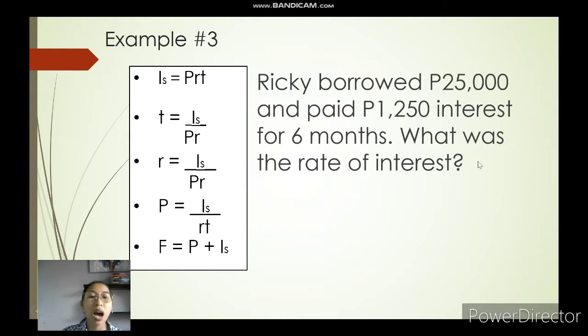Okay? The question is, what is the rate of interest? So therefore, your R is asked. Given is your P, which Ricky originally borrowed at 25,000, and given also is your simple interest, which is 1,250 pesos. And 6 months, that means this is your time.